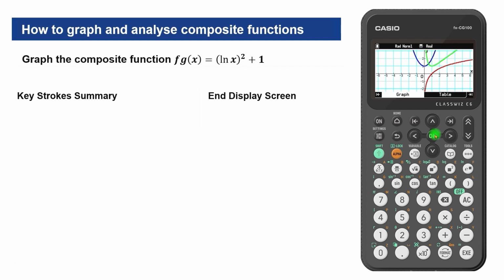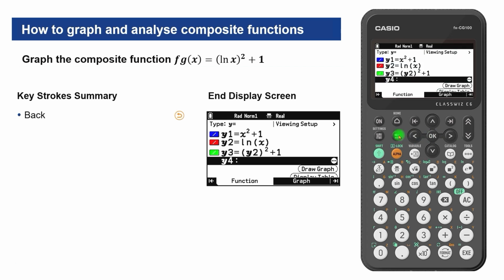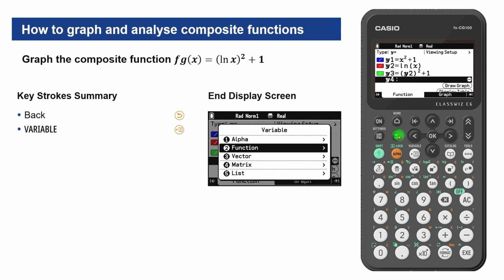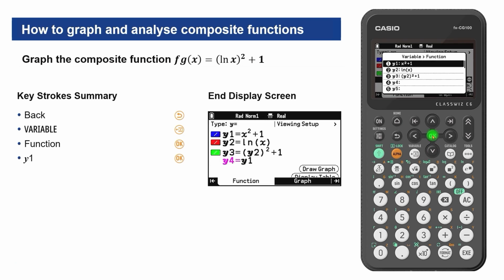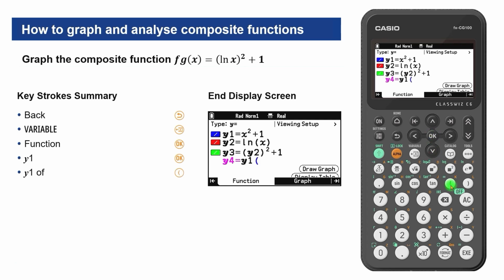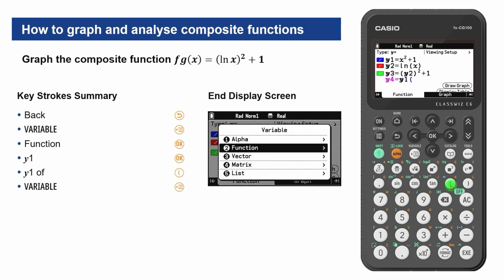It is also possible to enter the composite functions as functions of each other. Return to Function and press Variable. Then select Function as before. Now select y1 for the f of function and open parentheses. Then enter the g of function with variable.